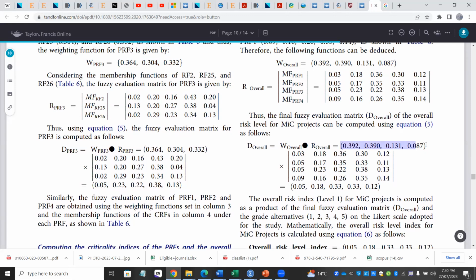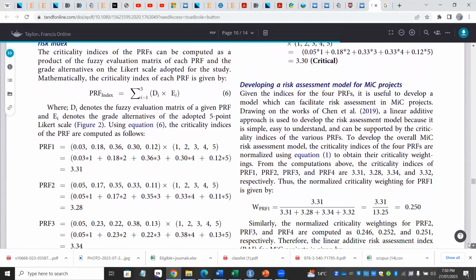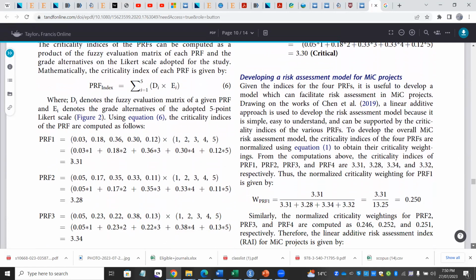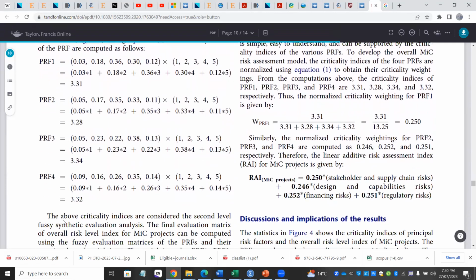So you multiply and add, in matrix form. I mean, you multiply 3.31, 3.28, 3.34, and then 3.32 by their weights. You end up also getting the 3.30. Or another alternative is to multiply the 3.31, 3.28, 3.34, 3.32 by the alternative grade, and you may also end up getting that. So any of them will work.